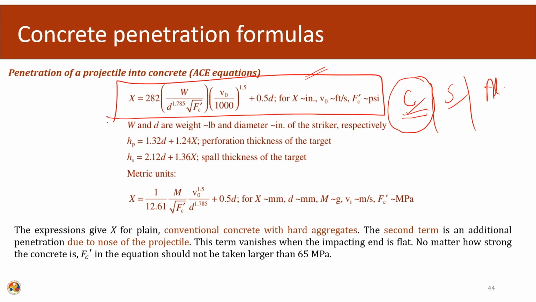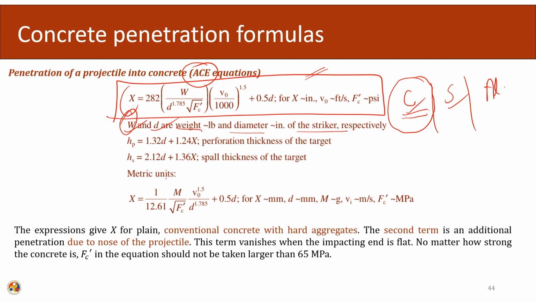They have been derived using regression estimates based on testing that has been conducted in different parts of the world. So if we use the ACE equations, then my penetration equations are like this, where W and D are the weight and diameter of the striker respectively.